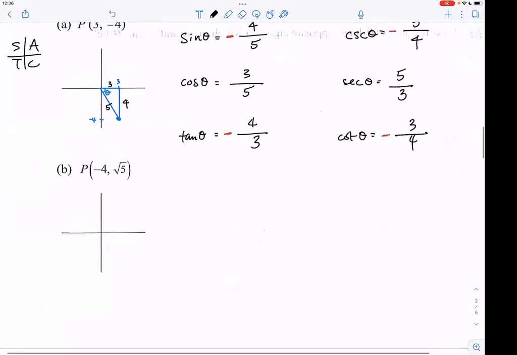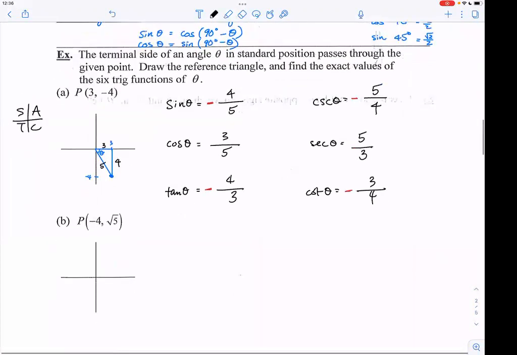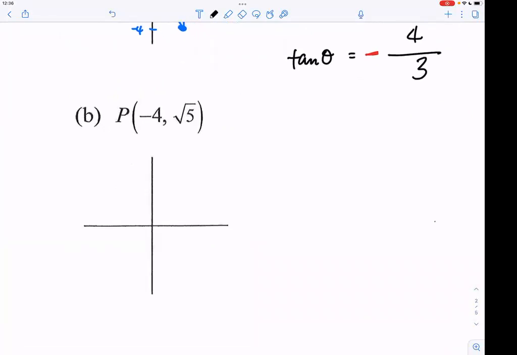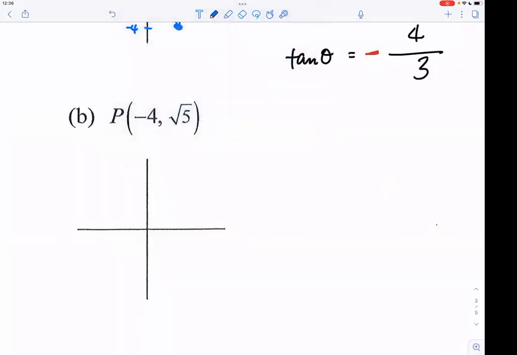All right, now let's take a look at part B. Part B is a bit challenging. So for part B, which quadrant should I put the dot in? Quadrant 2, because it's -4, and then √5 is somewhere right there. So if you draw your triangle, it will be something like this.